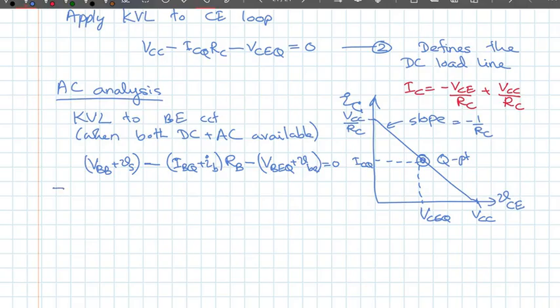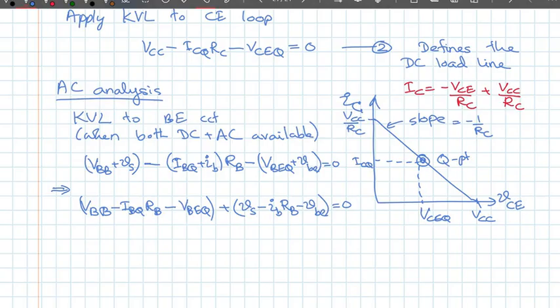So let's separate the AC and DC components. VBB minus IBQ RB minus VBEQ, that's the DC part, plus Vs minus ib RB minus vbe equals 0.